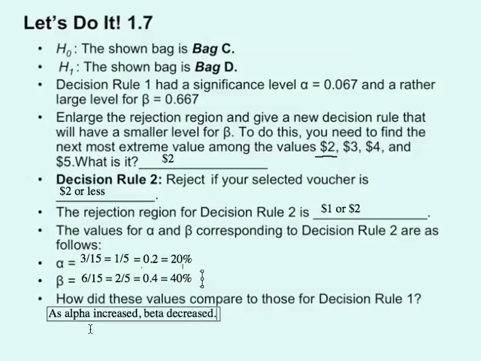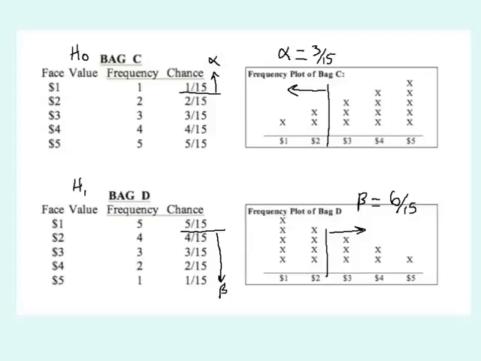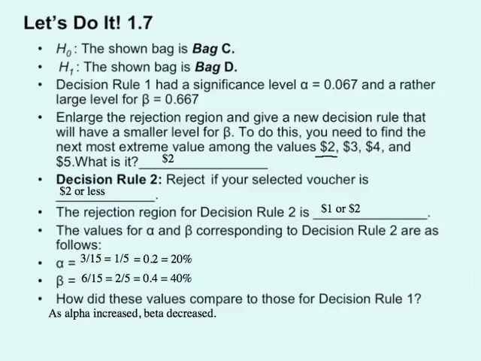That really is the punchline of this LDI: notice that the relationship between alpha and beta is, as we've seen, something you can almost intuitively get by looking at the graphs or charts. As you make alpha bigger, you make beta smaller. As you make beta smaller, you make alpha bigger. Or if you make alpha smaller, you make beta bigger. So they're inversely related to each other is the basic idea.